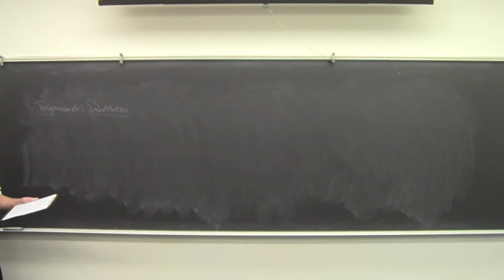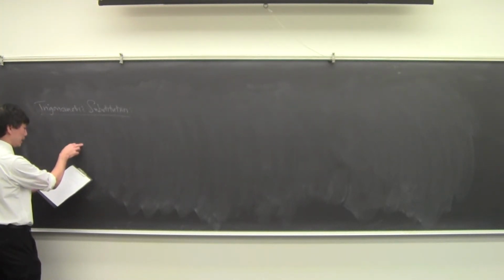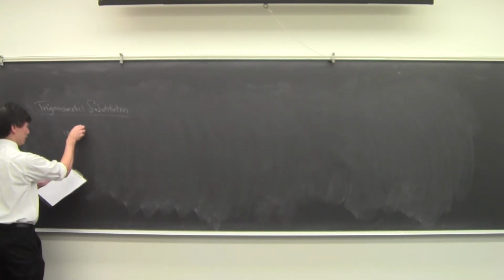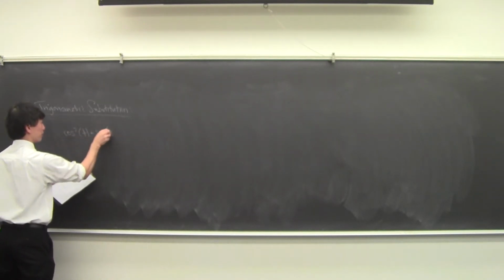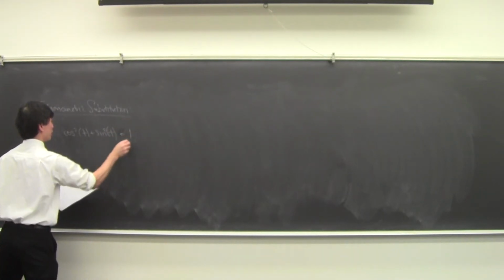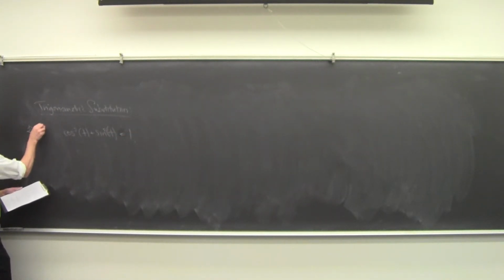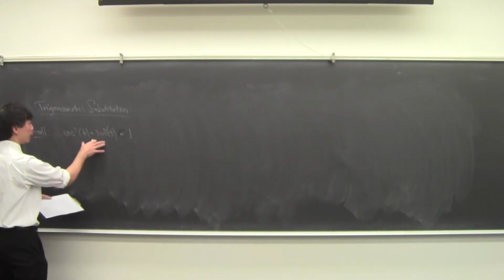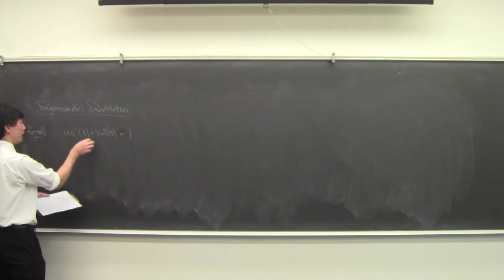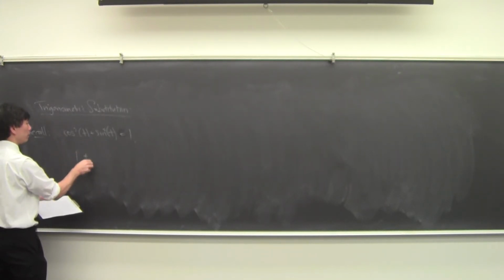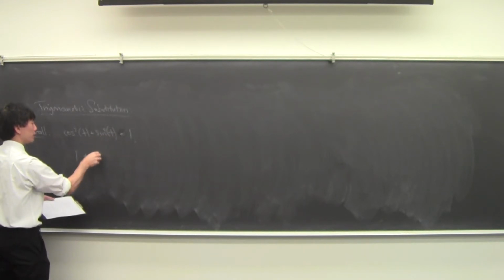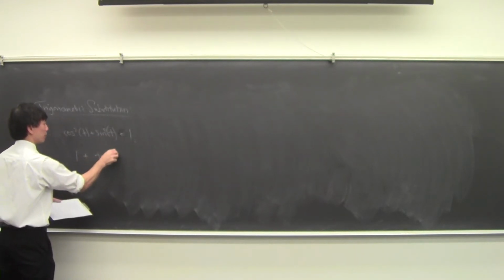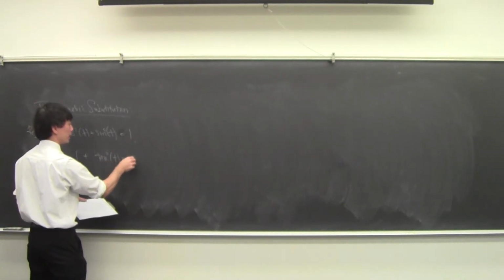And this is again based on the Pythagorean identity. So cosine squared plus sine squared equals 1. And if we divide everything by cosine squared, we get 1 plus sine squared over cosine squared, that's tangent squared, equals 1 over cosine squared, well, that's secant squared.